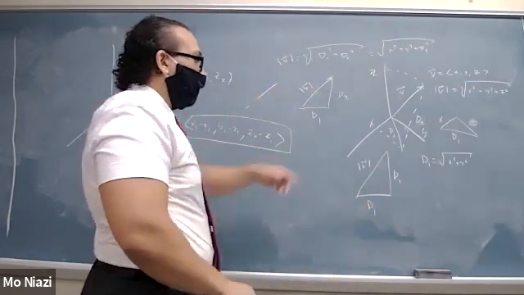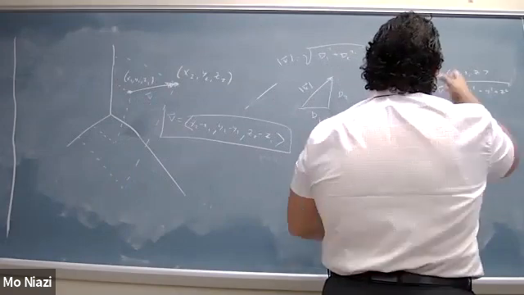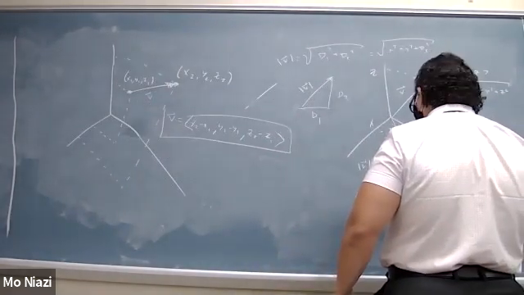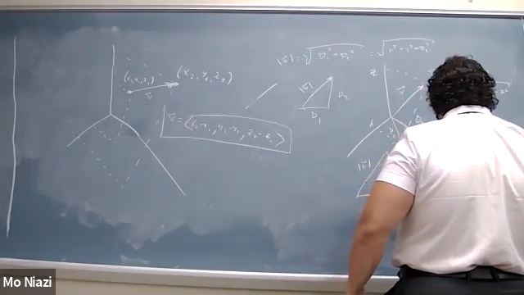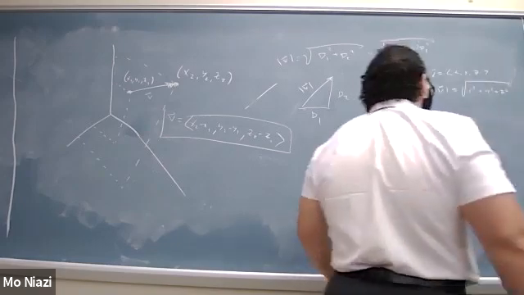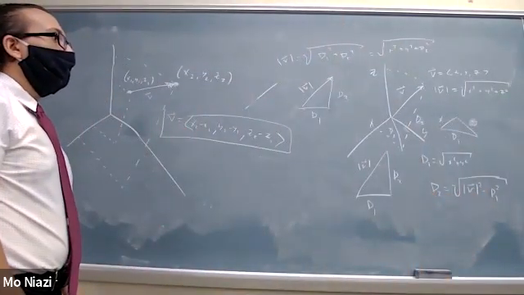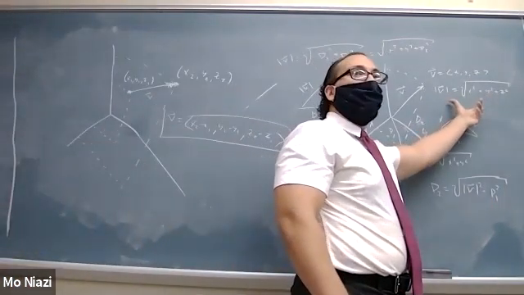So I want to find d2, right? So d2 is going to be equal to the square root of the magnitude of v squared minus d1 squared. So you can eventually, through this line of reasoning, derive this.